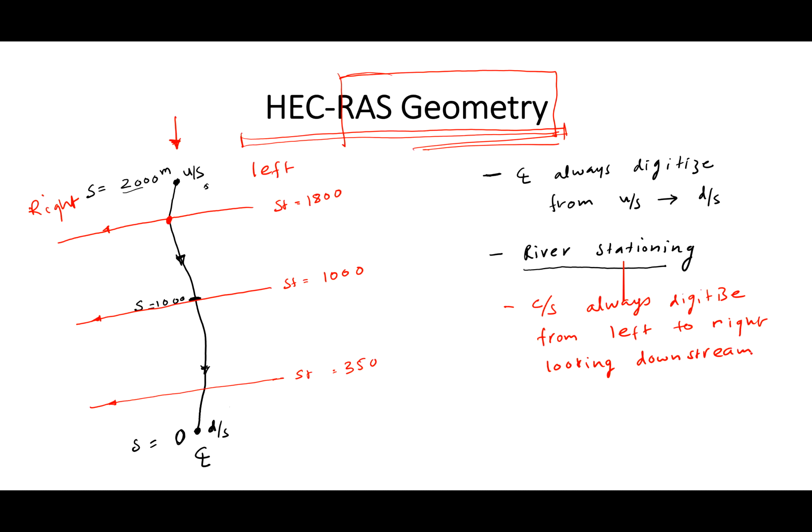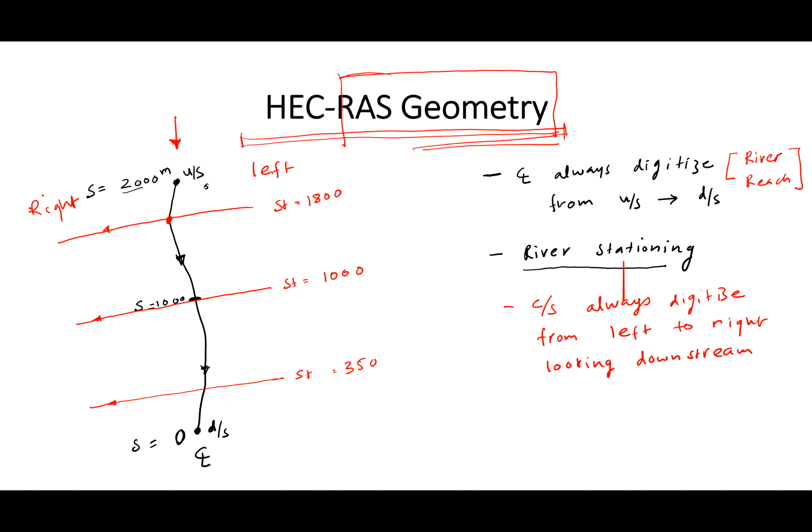When we define our center line, we usually have to give a name for that center line. There are two pieces associated with that name: one is the river name and the second is the reach name. Thinking about river and reach, let's think about a big river such as the Mississippi, which goes through almost the whole part of the US from north to south.